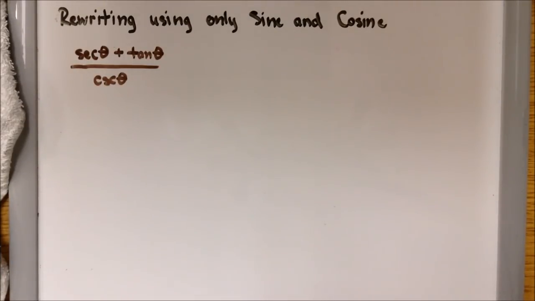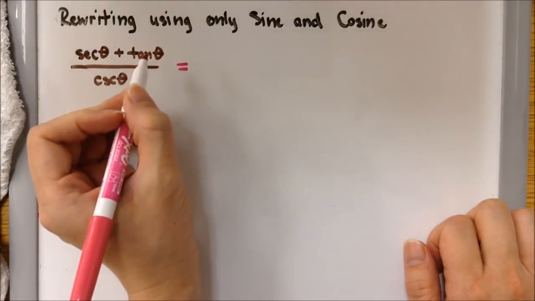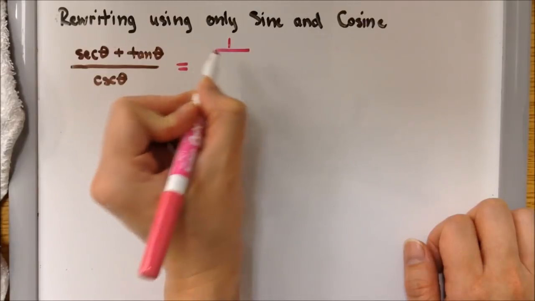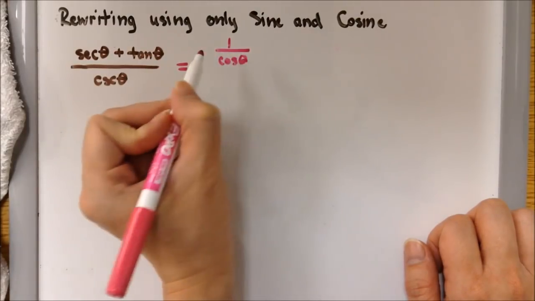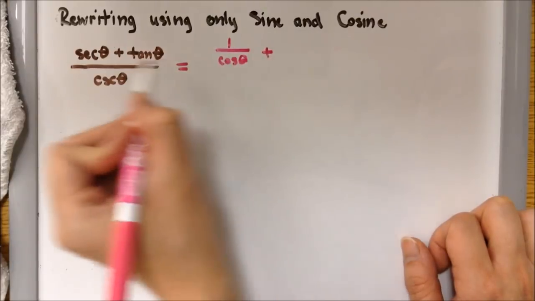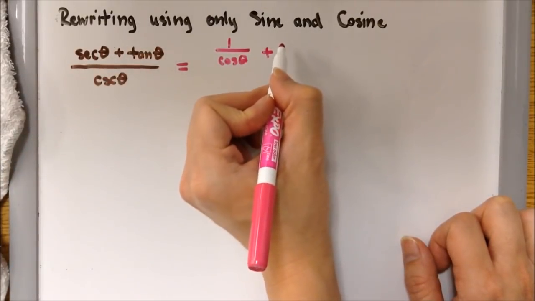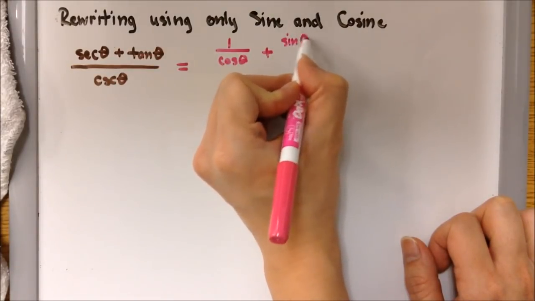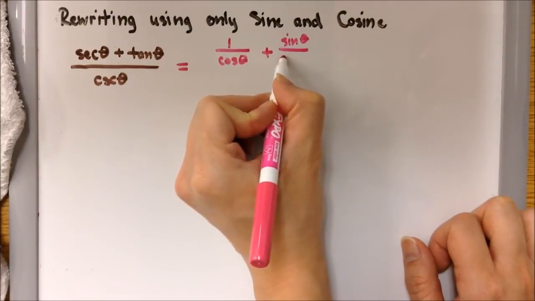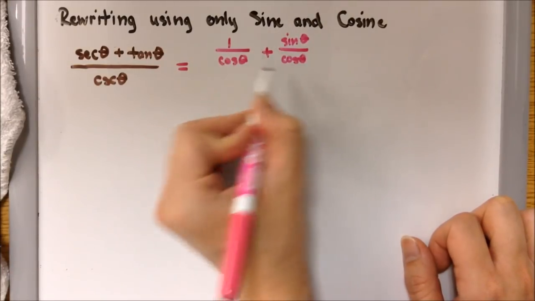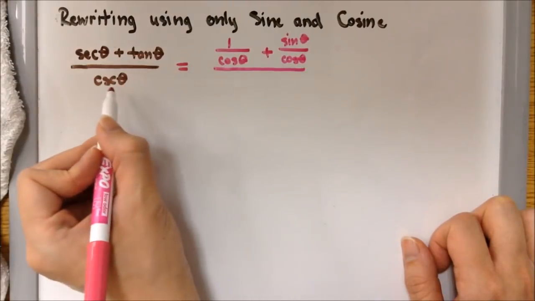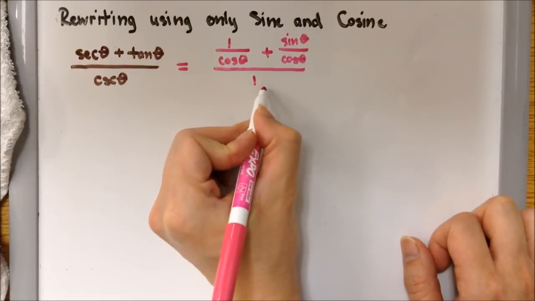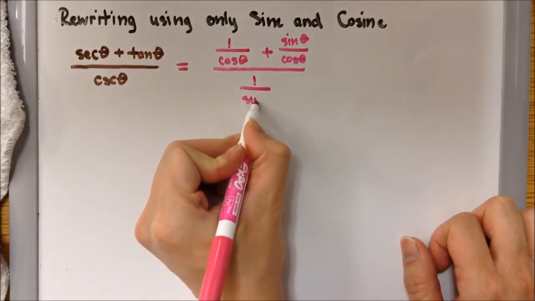So if I were to rewrite it, for secant, the reciprocal identity is 1 over cosine theta, plus, because of that plus sign right there, the quotient identity for tangent, sine theta over cosine theta. Next, on the denominator, cosecant theta, the reciprocal is 1 over sine theta.